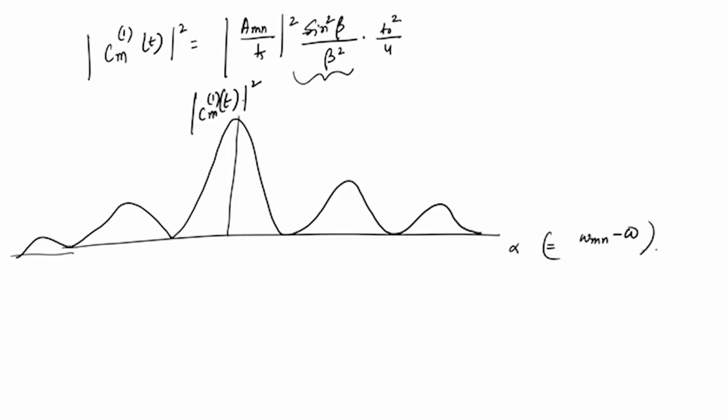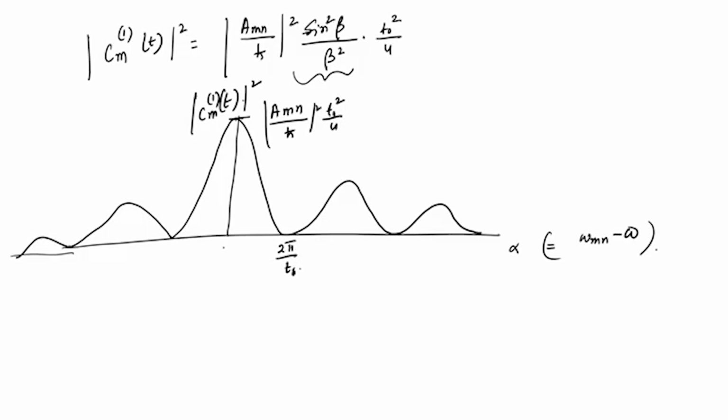So, what we plot is sine square beta by beta square. And this peak value is equal to mod a_mn by h cross square into t square by 4. That is when sine square beta by beta square equals 1, and the zeros will happen at 2 pi over t_0.